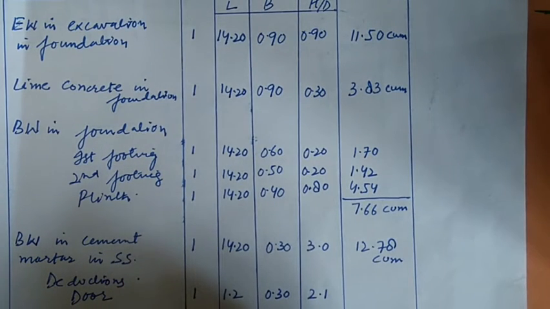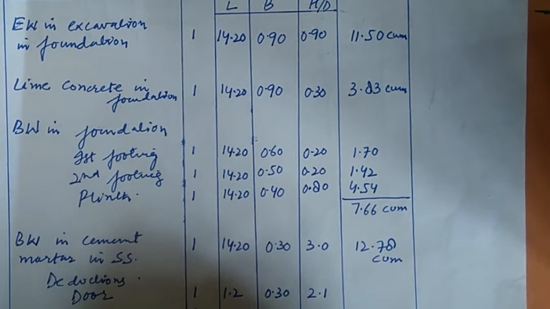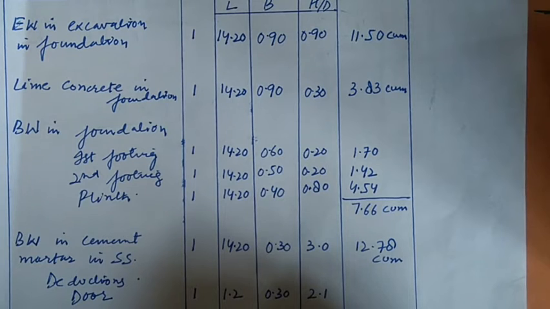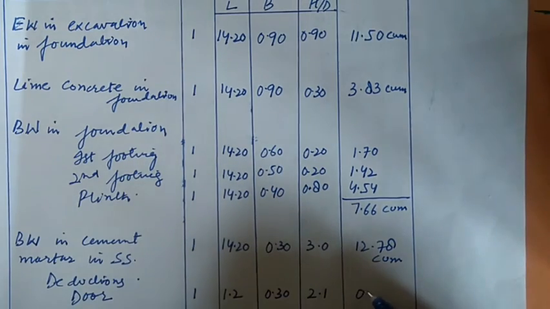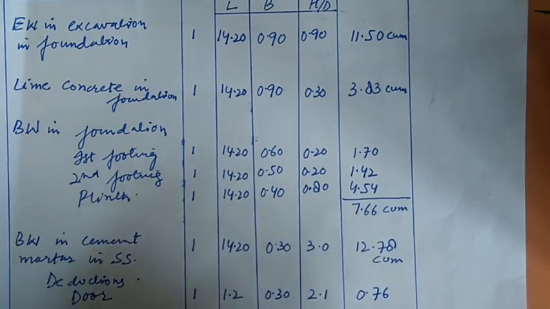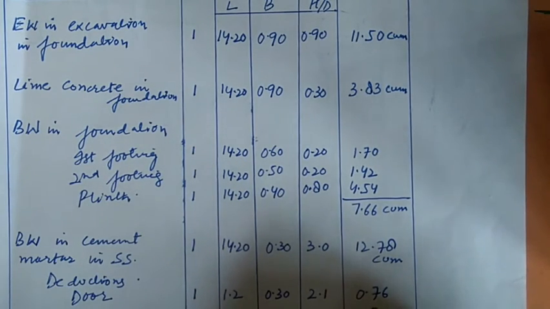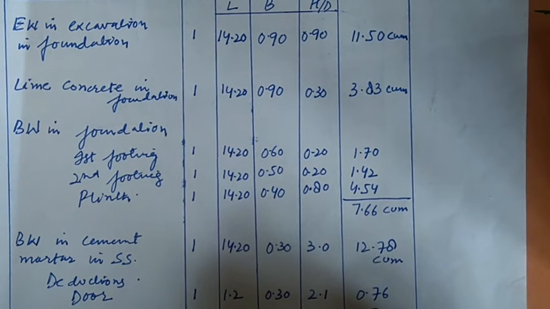For window the dimensions are 1.1 and its height is 1.5 and 0.30 is the thickness. So let me calculate this one. It is 0.76 and the second one is 0.50. Together will be 1.26.